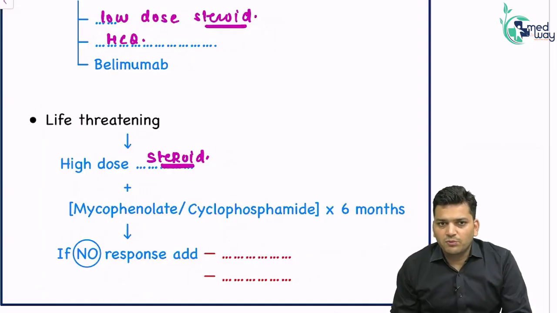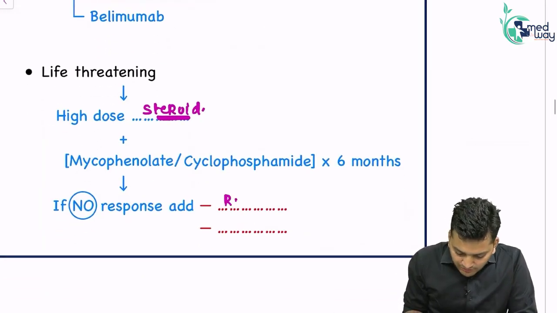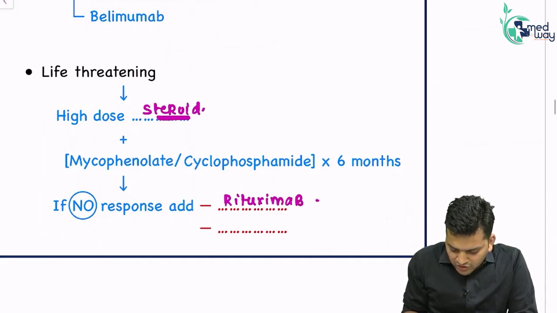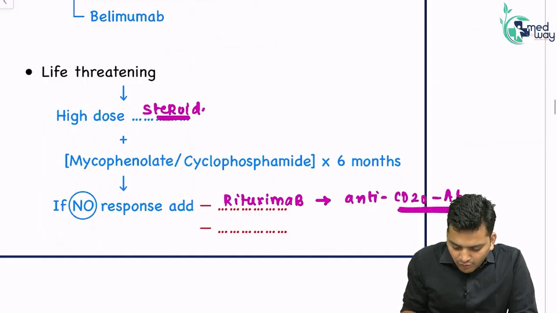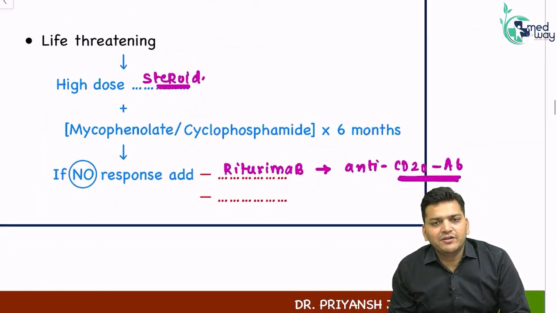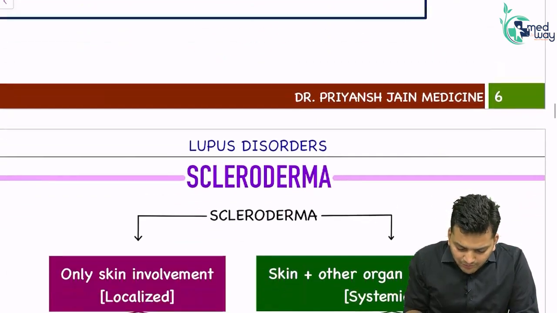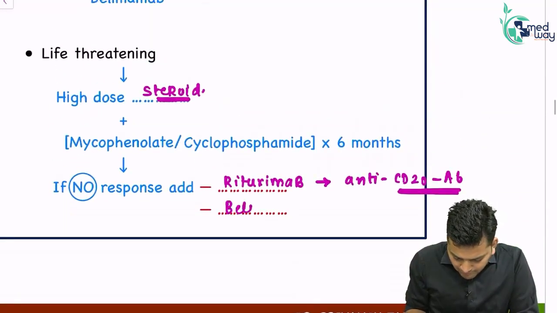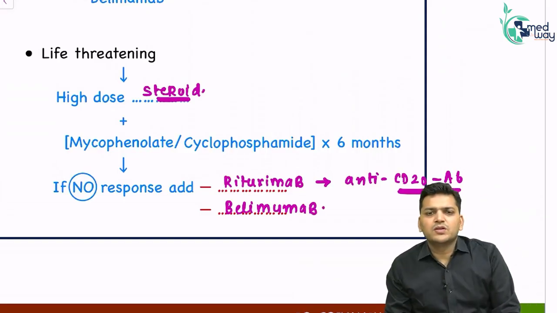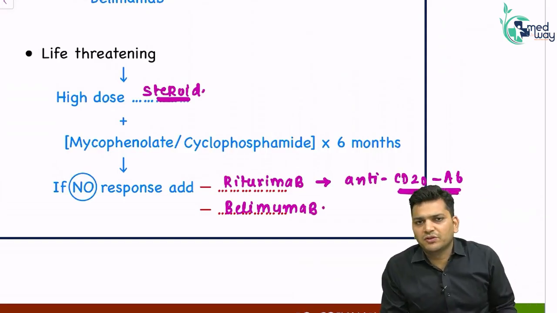And if there is no response, then we need to add rituximab. Rituximab is an anti-CD20 antibody. It is a monoclonal antibody, this drug. Or we can add belimumab. So this is how we are going to approach a patient of SLE.